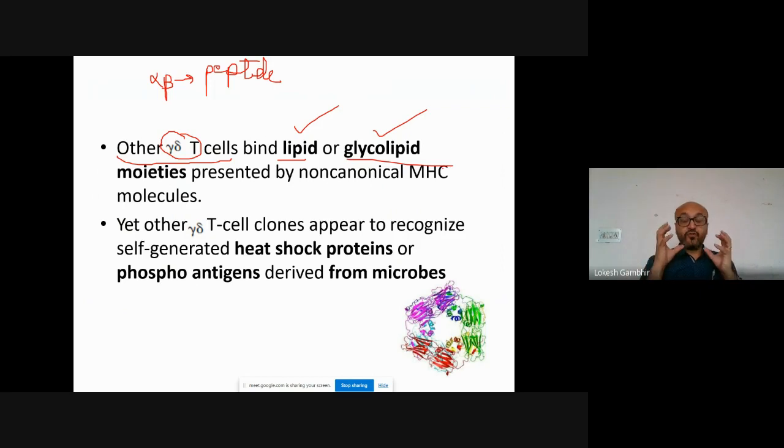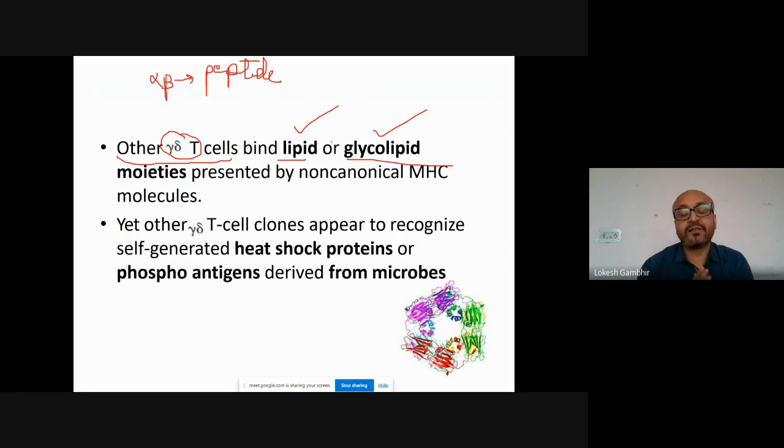So we can use these cells to target certain viral proteins, certain bacterial membrane targets that are expressing a unique pattern of glycolipid. If we have an immune cell that can target the lipid portion, these gamma delta T cells are the candidates for targeting lipid and glycolipid parts.